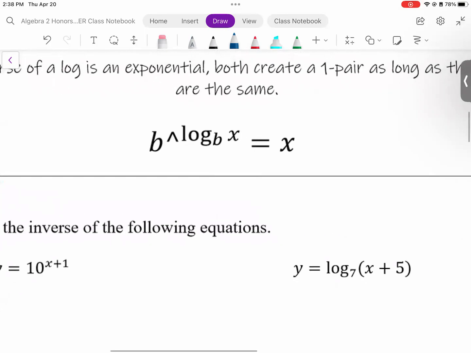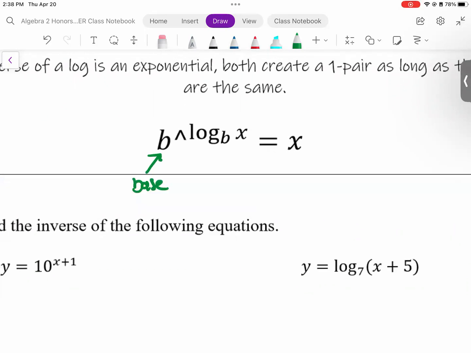So if you look at this, we have a base, which basically represents an exponential expression, and you are raising that to the power of a log.